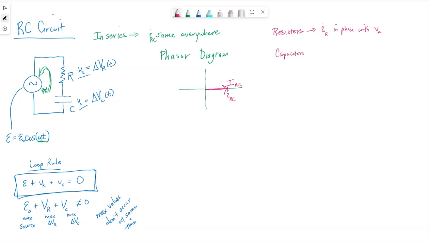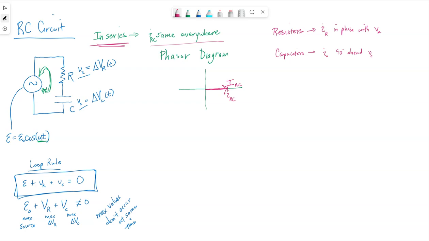Capacitors, the current flowing in the circuit that had the capacitor was 90 degrees ahead of the voltage drop across the capacitor. So our phasor diagram needs to represent this. The reason I'm drawing the current first is because we have these in series and I know they have to have the same current.